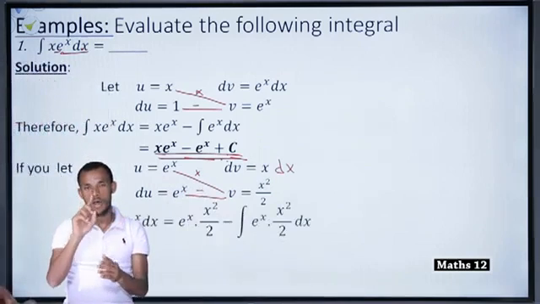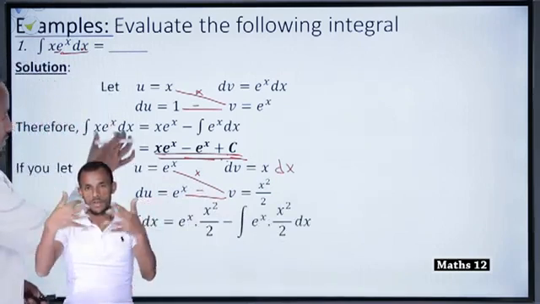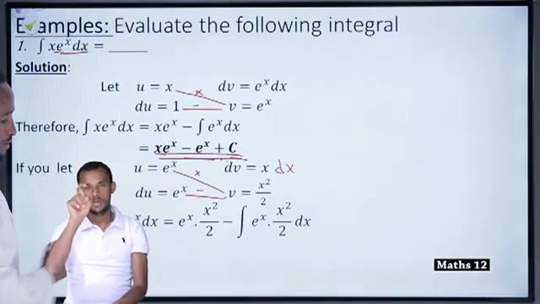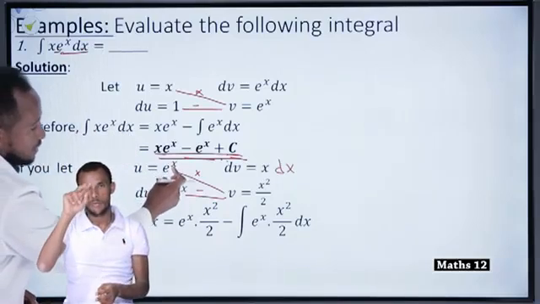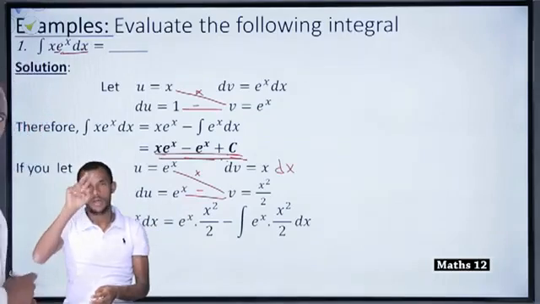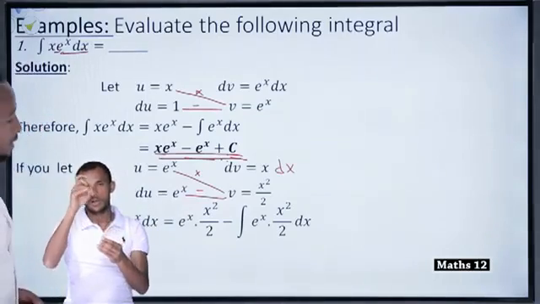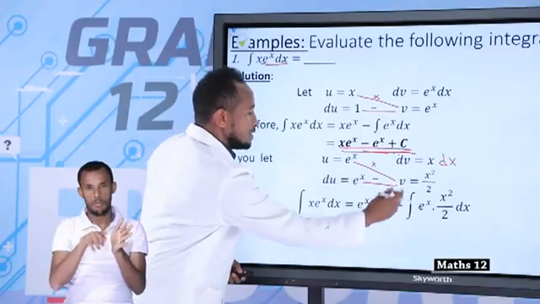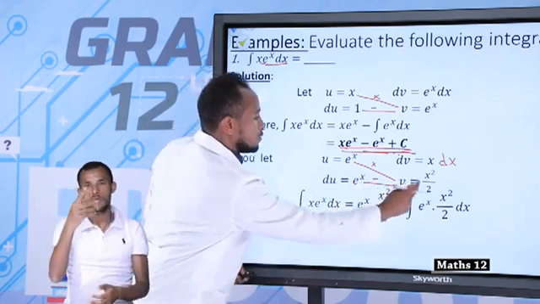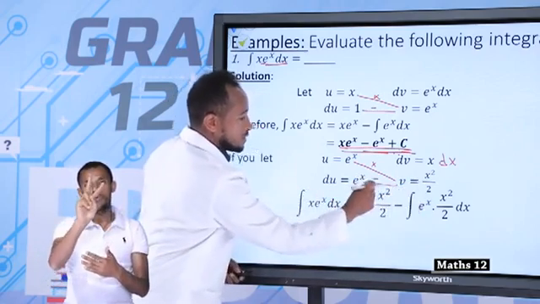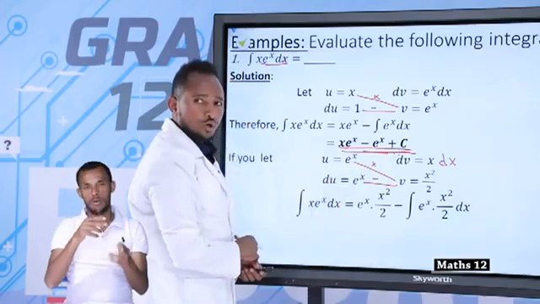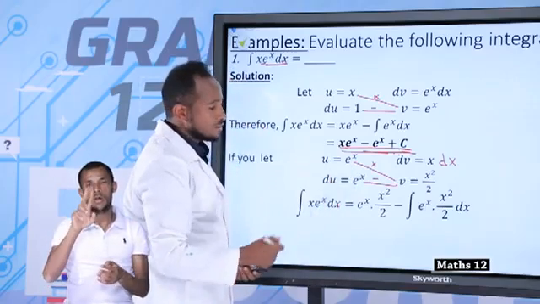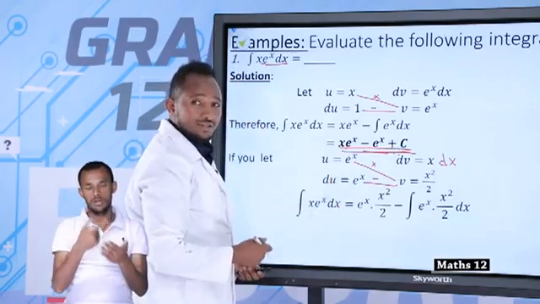Therefore, applying the formula, the integration of the question x times e^x dx will be e raised to x times x squared over 2 minus the integral of the product of the two, that is e raised to x times x squared over 2 dx. Look, this is not the final answer.